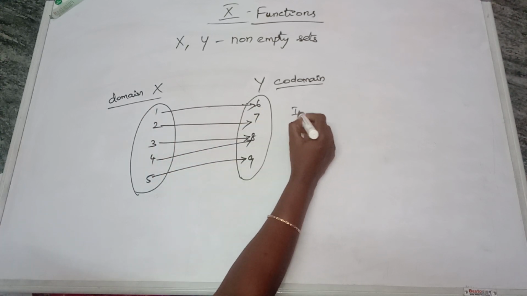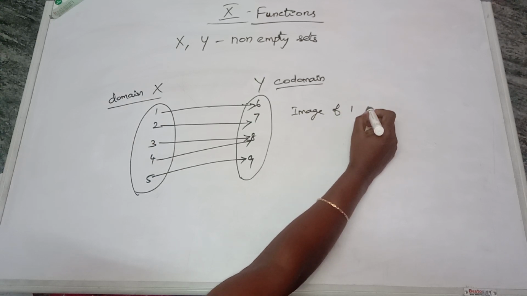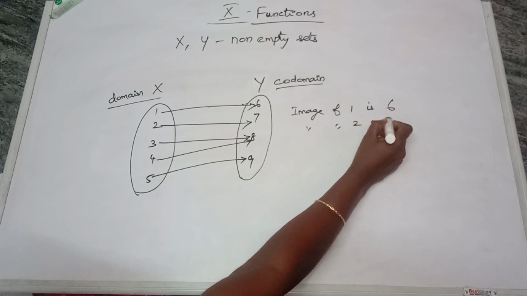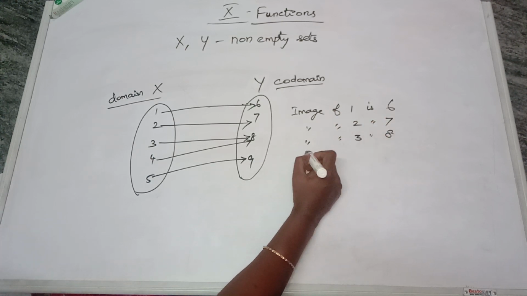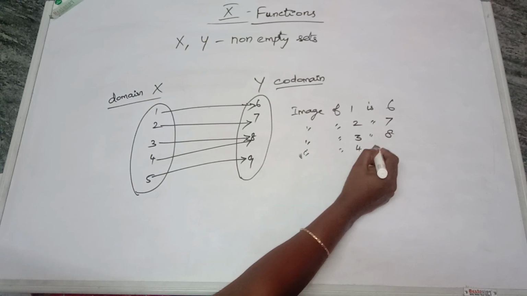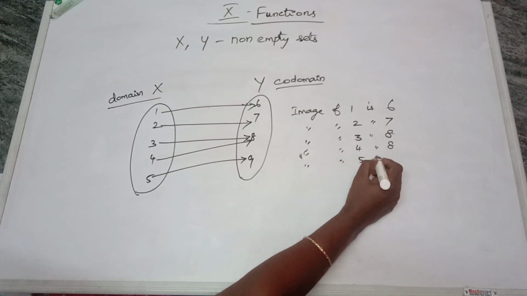First you can write: image of 1 is 6, image of 2 is 7, image of 3 is 8, image of 4 is 8, image of 5 is 9.